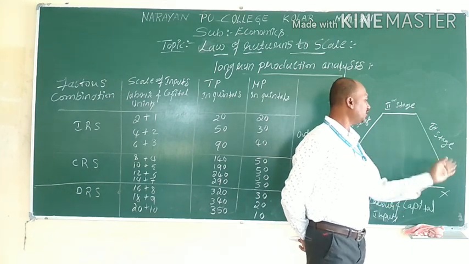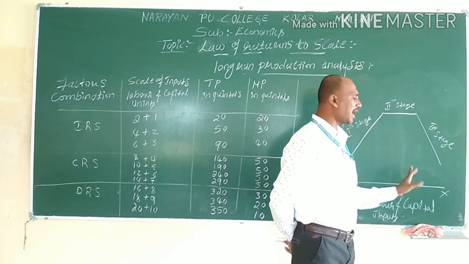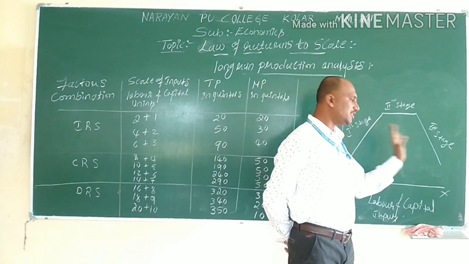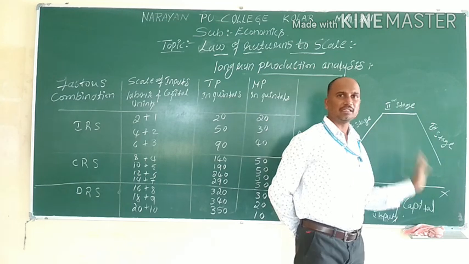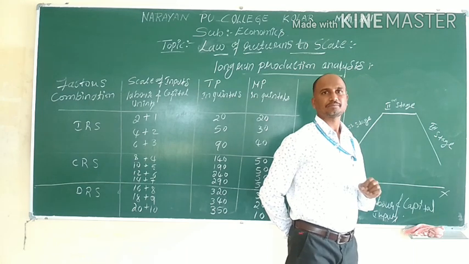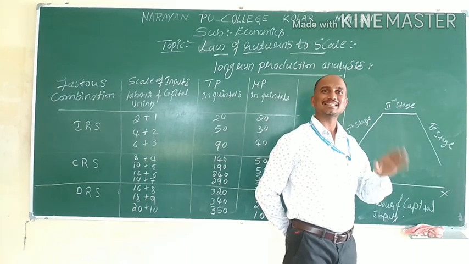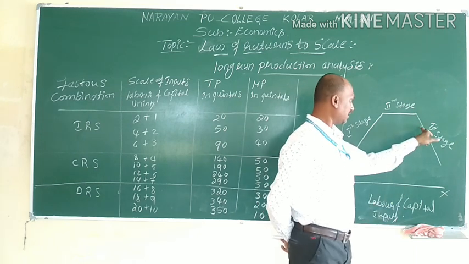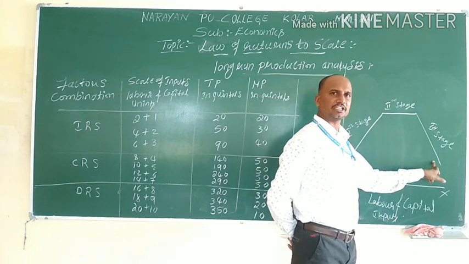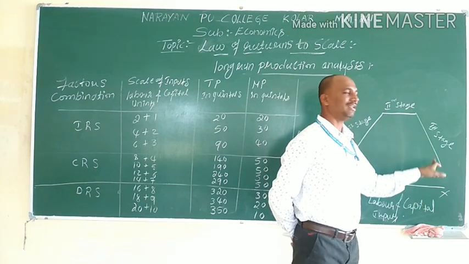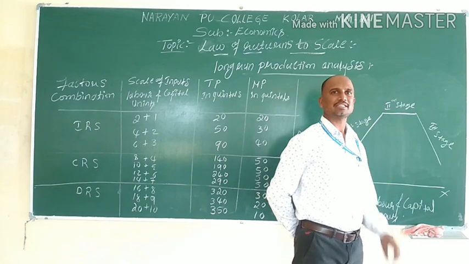And in the third stage, diminishing returns to scale, labor and capital increase, output also increases, but output increases less than input. Less than input means in diminishing returns to scale or decreasing returns to scale, labor and capital increase more, but output increases less.